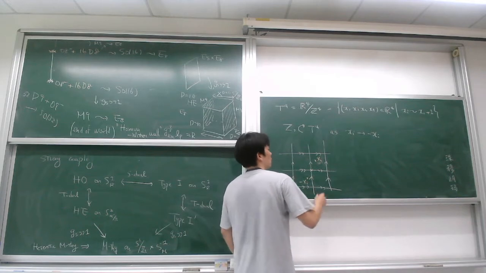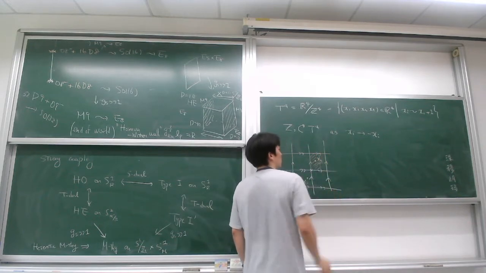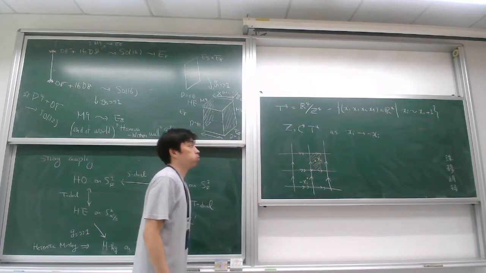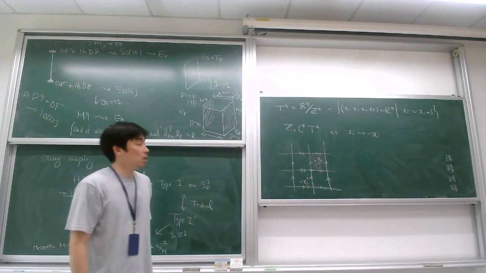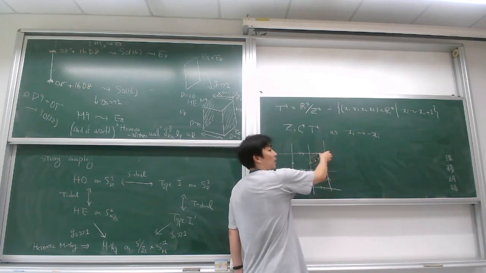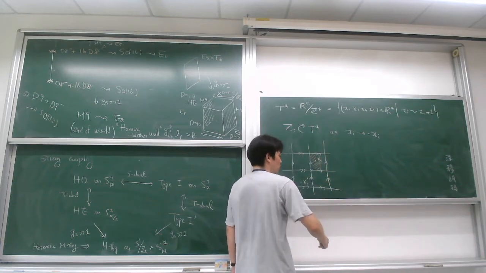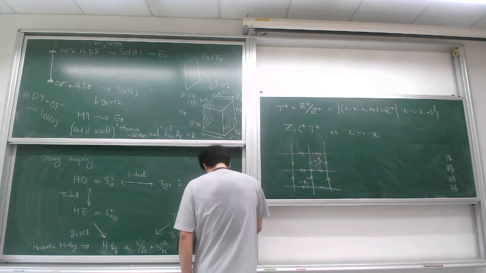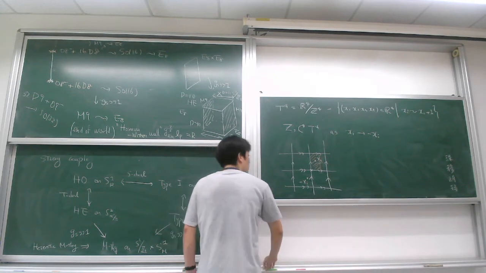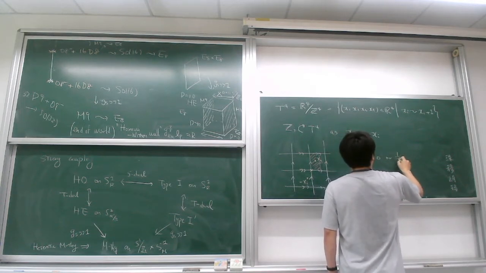At the end of the day, the right half is identified with the left half because of this Z2 identification, and there are fixed points. The fixed points are where each xi is either 0 or 1/2.